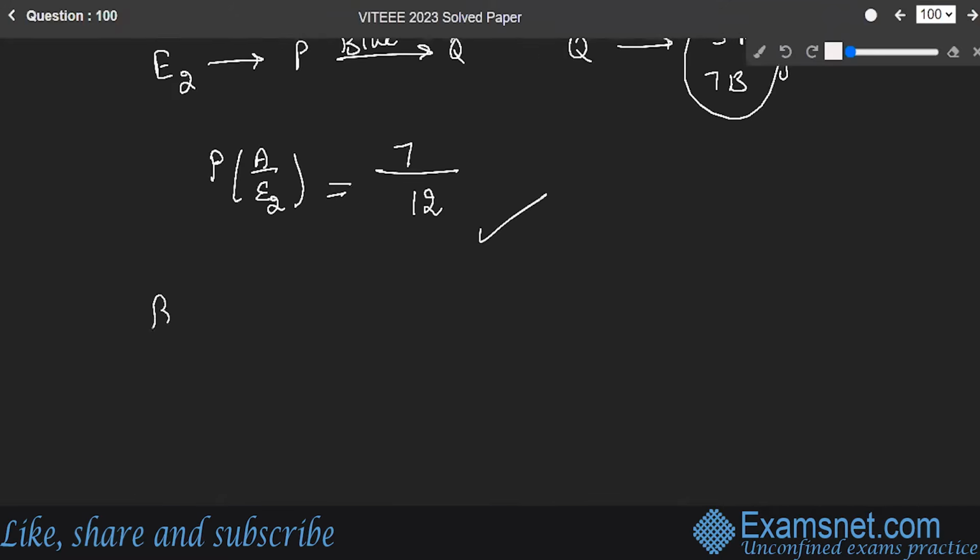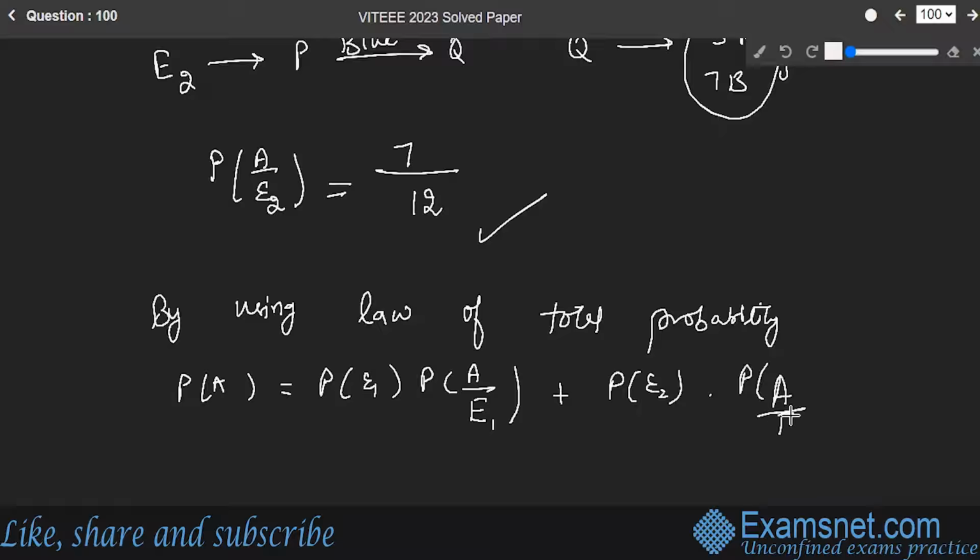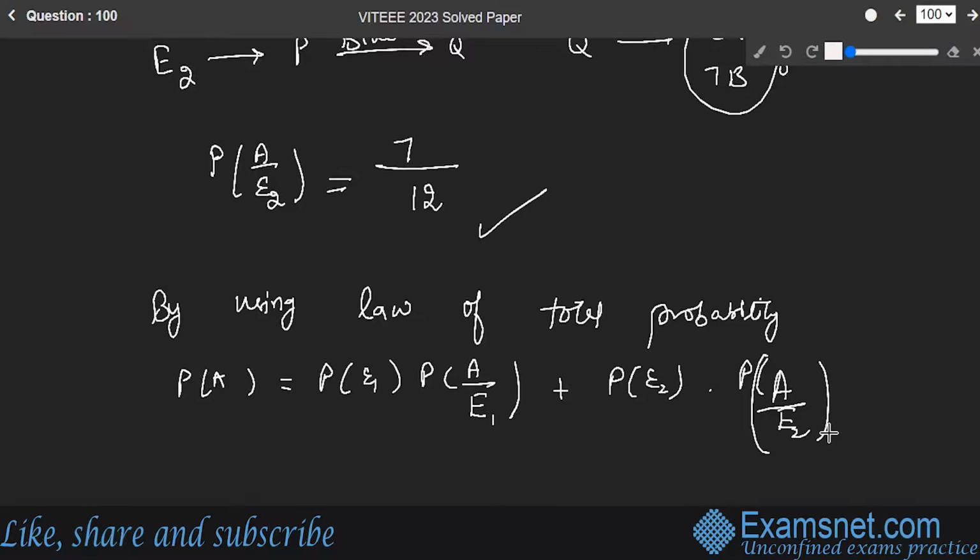So by using law of total probability, we get PA is equal to PE1 into PA upon E1 plus PE2 into PA upon E2.